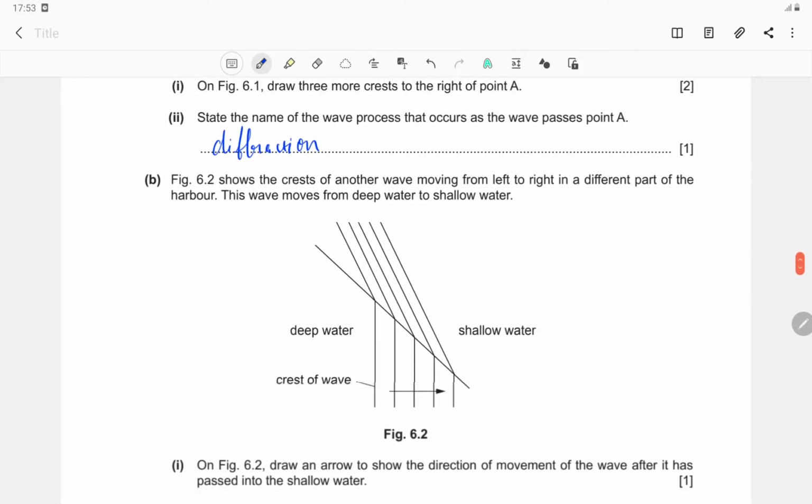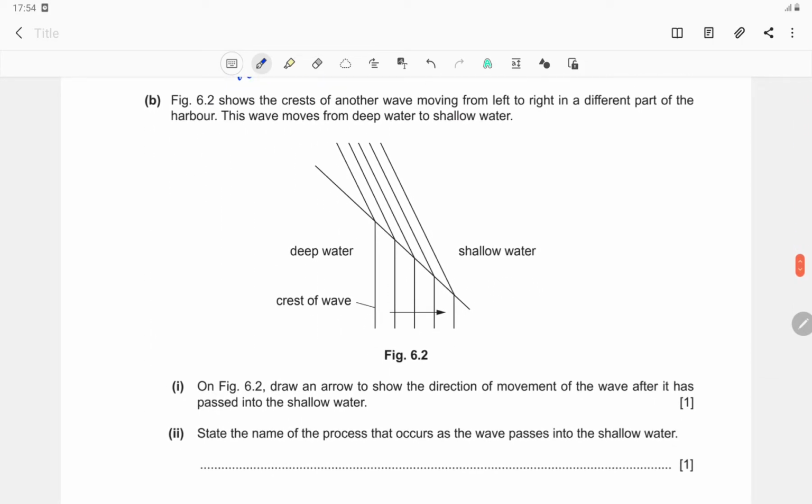Next, part B. Figure 6.2 shows the crest of another wave moving from left to right in a different part of the harbour. This wave moves from deep water to shallow water. On figure 6.2, draw an arrow to show the direction of the movement of the wave after it has passed into shallow water.